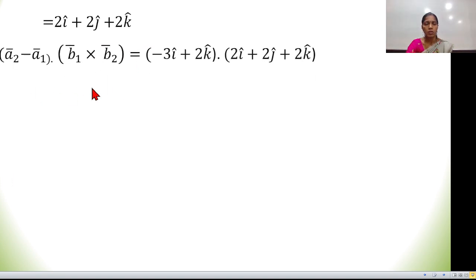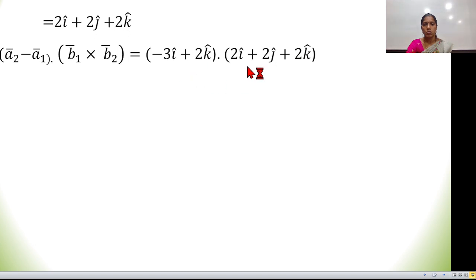So here we get b1 bar cross b2 bar is equal to 2i cap plus 2j cap plus 2k cap. Now to find out the product of a2 bar minus a1 bar dot b1 bar cross b2 bar, we already determined the value of this bracket is minus 3i cap plus 2k cap dot b1 bar cross b2 bar. So substitute the value of b1 cross b2, which is 2i plus 2j plus 2k.